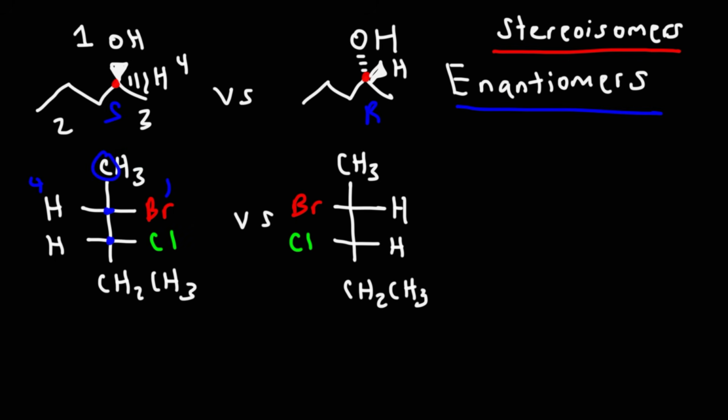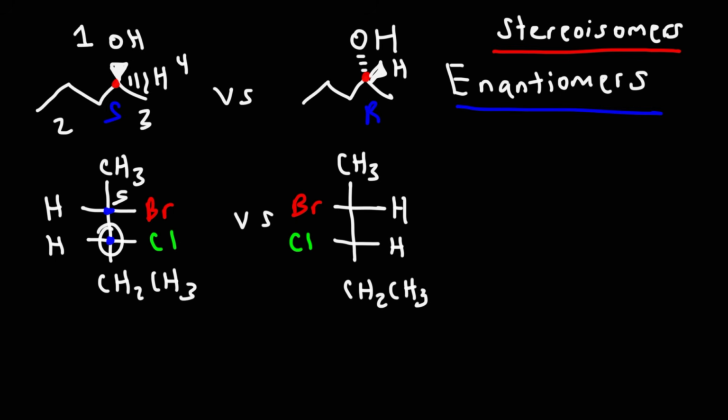Chlorine's going to win. So the bottom group is 2, methyl is 3. So going from 1 to 2 to 3, it appears to be going in a clockwise direction, which is R, but when we reverse it, we're going to get S. So we have the S configuration here.